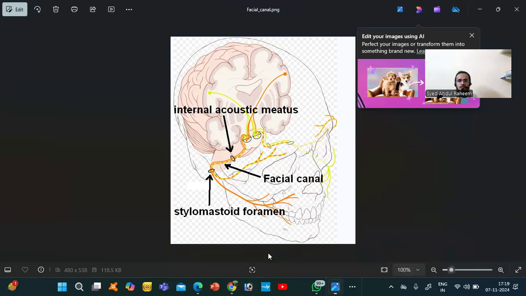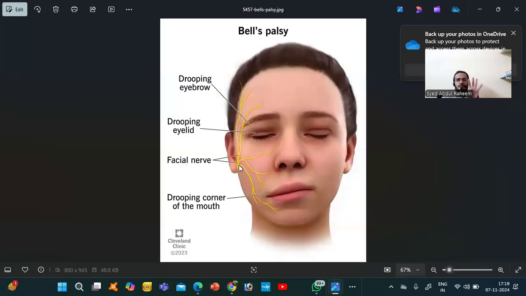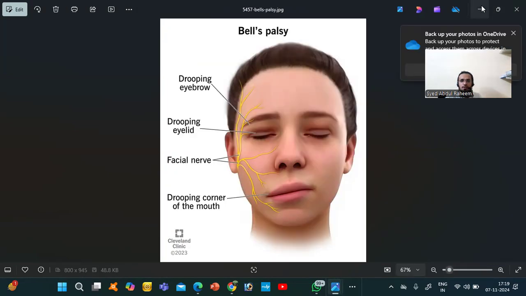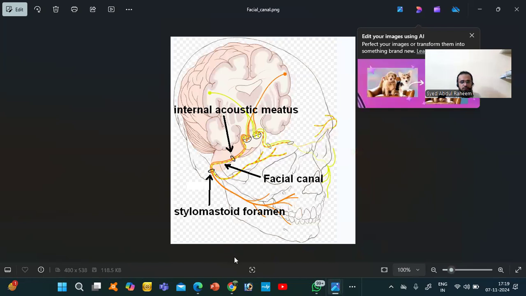So this is the facial nerve, from the front. It is going to the anterior part of the head. Okay, here, and it is going to the upper eyelid, and it is going to the lips, and it is also going to the cheek region, and here is the cheek, as well as two thirds of the face.